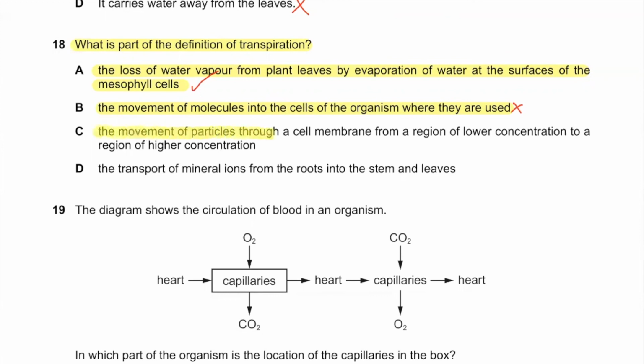The movement of molecules through a cell membrane from a region of low concentration to a region of high concentration, that's basically active transport. So definitely wrong. Transport of mineral ions from the root into the stem and leaves. Yes, however, that is the job of xylem, but it does not define transpiration. So A will be the correct answer.